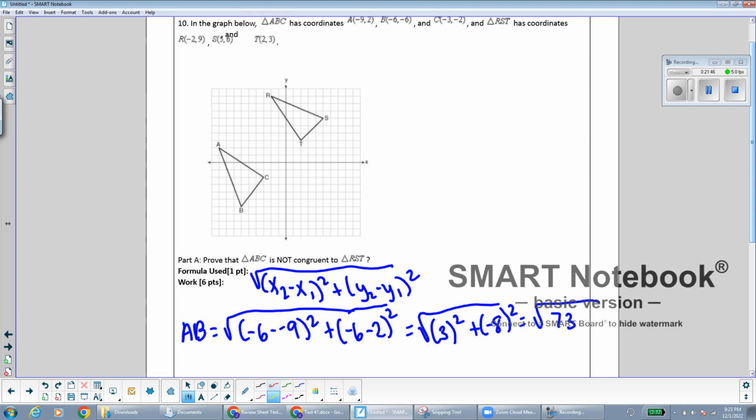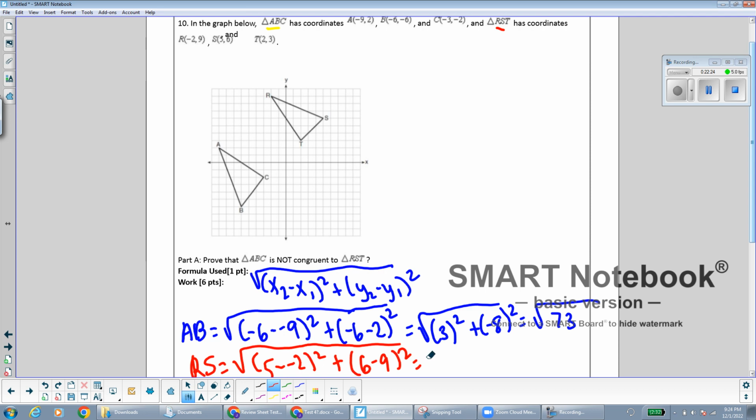Okay? AB, the first two letters of this triangle name, corresponds to the first two letters of this triangle name. Triangles are named with their corresponding parts in order. So AB corresponds to RS. Those are the two sides in the same spot. So I'm going to now find the length of RS, and I'm going to see if it's the same. So let me plug into my distance formula. 5 minus negative 2 squared plus 6 minus 9 squared.